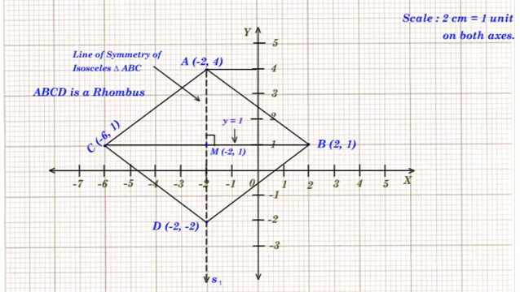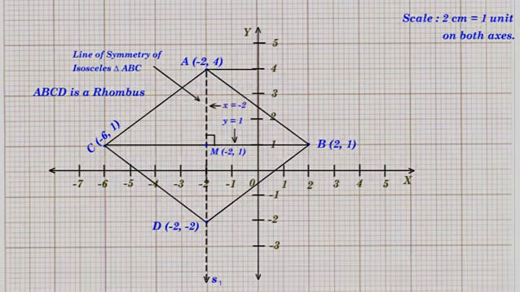Same way we can get the equation of line AD. This line AD is a line parallel to the y-axis at a distance of 2 units from it but on the negative side. So equation of line AD is x = -2.